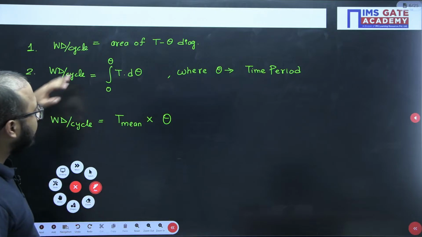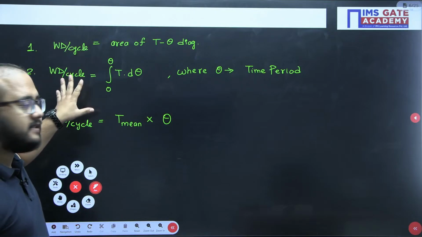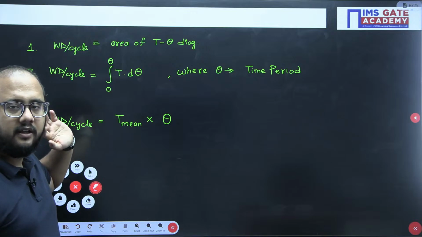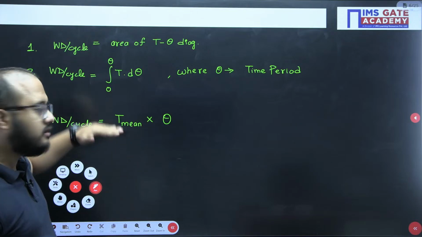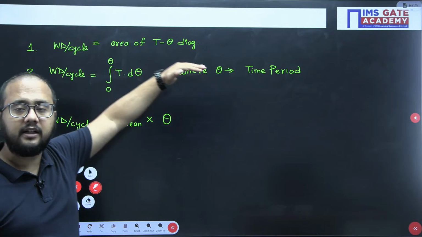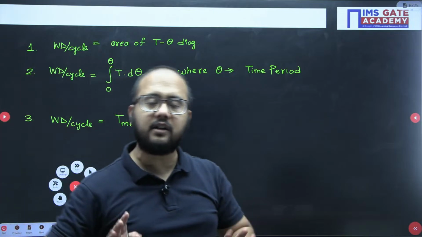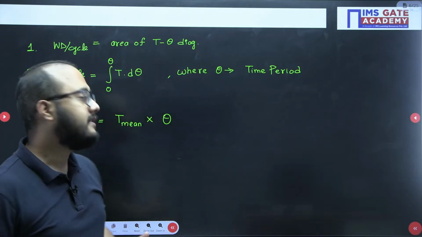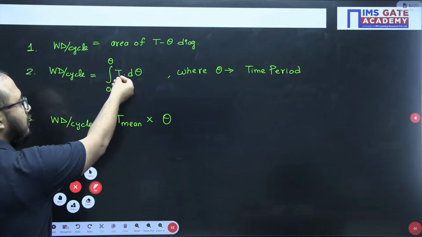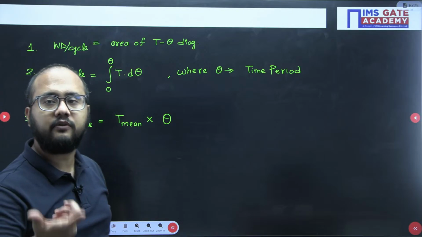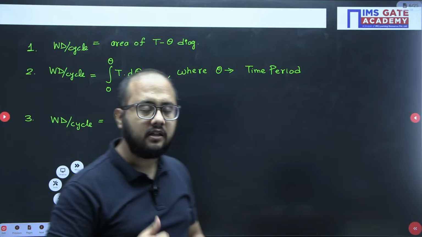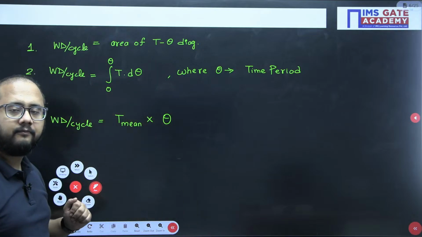Now, if you are able to calculate work done per cycle either of these ways, so let's suppose mean torque we need to calculate. Either we can calculate the area of T theta diagram, if a proper diagram is given. Secondly, let's suppose area is not given, and some torque expression in terms of theta is given. We can do the integration and we'll get the work done per cycle.